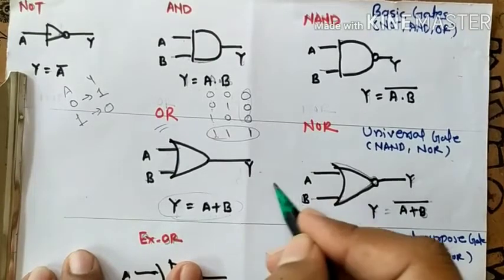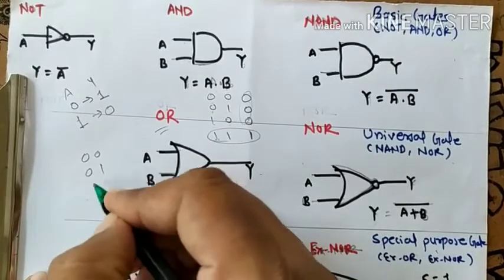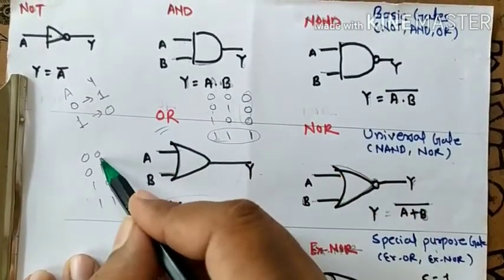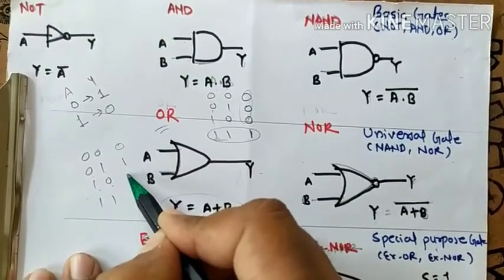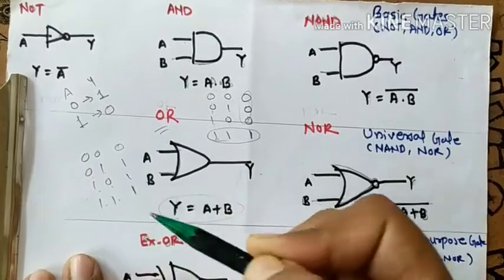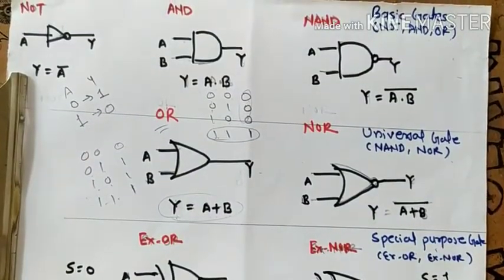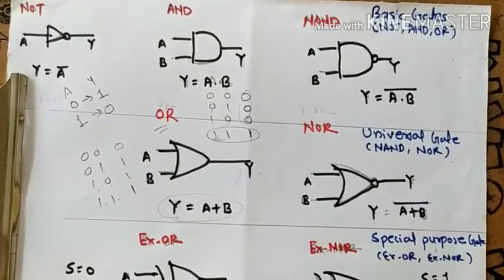For example, if our inputs are 0 0, 0 1, 1 0, 1 1, then 0 plus 0 is 0, 0 plus 1 is 1, 1 plus 0 is 1, and 1 plus 1 is 1. So this is the output of the OR gate. In this way we can consider the different types of basic gates which we use in digital electronics.